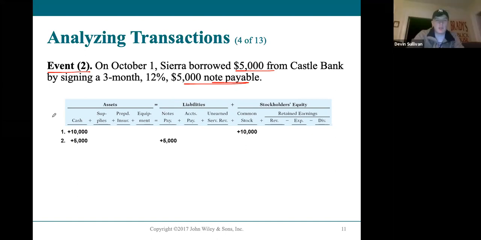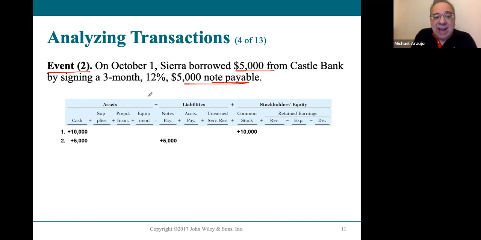So it would be a 5,000 debit to cash and then a 5,000 to notes payable as well. Debit to notes payable. Well, it wouldn't be a debit. It would be the opposite side. You were absolutely right when you said a $5,000 debit to cash, because we have more cash. Remember, cash is an asset account, which is on the left side of the equation.